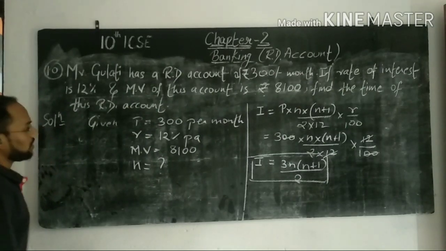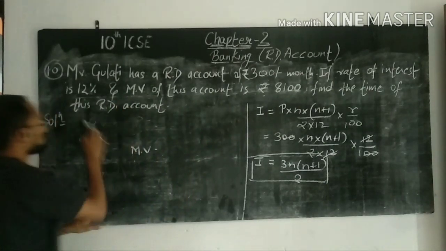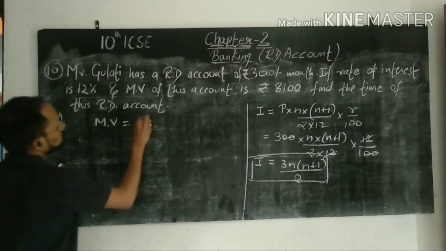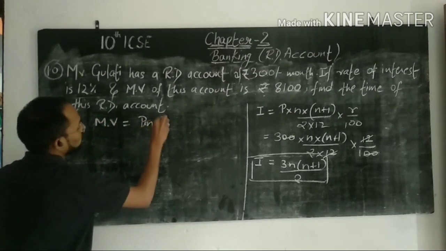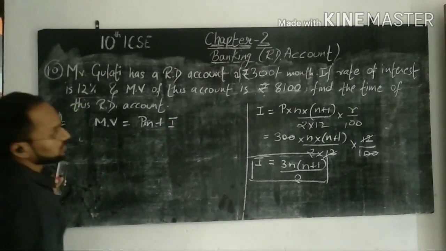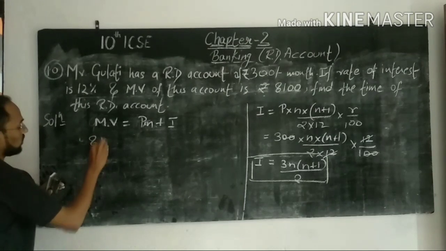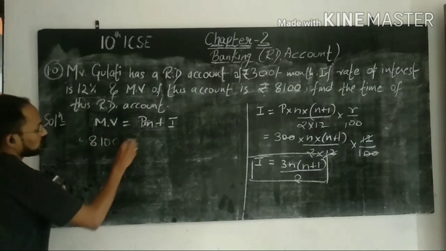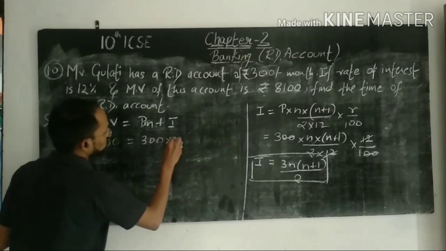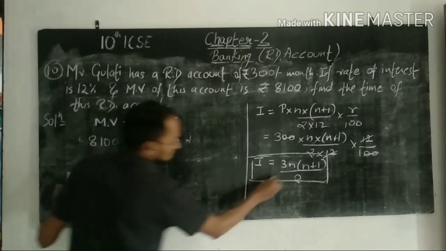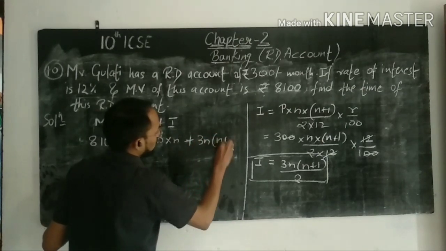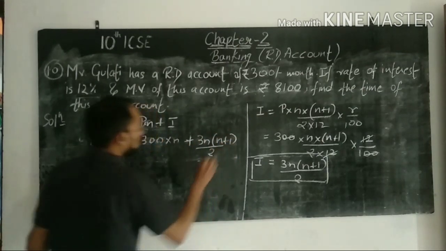So the maturity value formula is MV, which is Pn plus I. Because the maturity value is already given in the question, which is 8100, we write it, and the value of P is 300 into n plus the value of I, which is 3n into n plus 1 divided by 2.